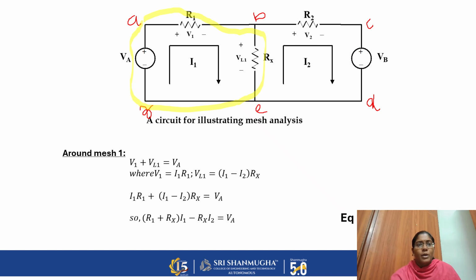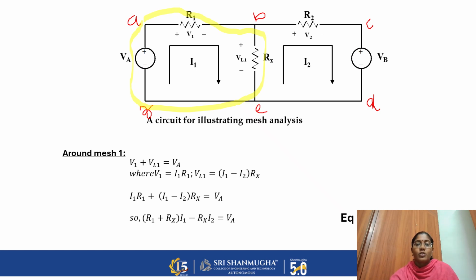Here you have to apply Kirchhoff's voltage law. So what is Kirchhoff's voltage law? Sum of potential drops is equal to sum of potential rises. Potential across a voltage source can be considered as a potential rise, so you write it on one side of the equation, and the potential across a resistance can be considered as a voltage drop.